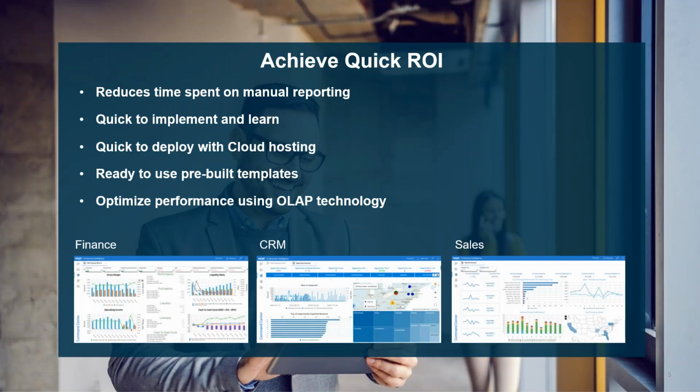The last benefit, and this one is really important when we talk about Sage Enterprise Intelligence, it's about the ROI. And we like to say that you can achieve quick ROI with Sage Enterprise Intelligence for multiple different reasons. First of all, for those of you who might be doing some manual things today, which is completely normal, a lot of organizations out there are still kind of operating that way.